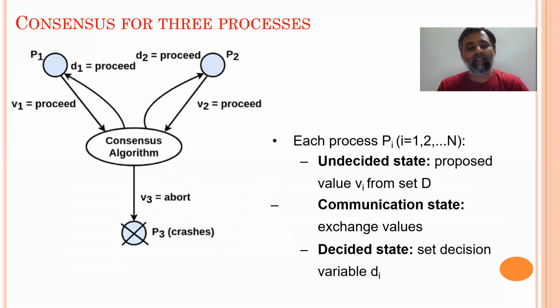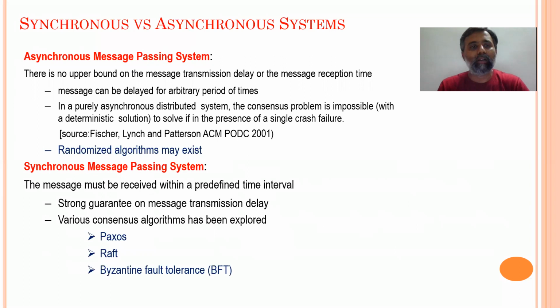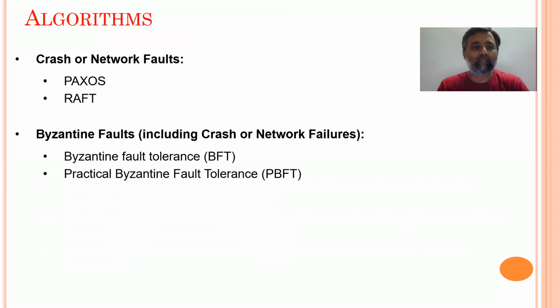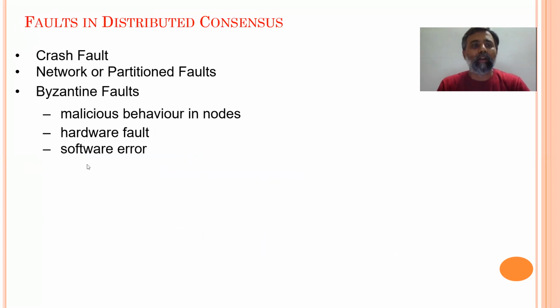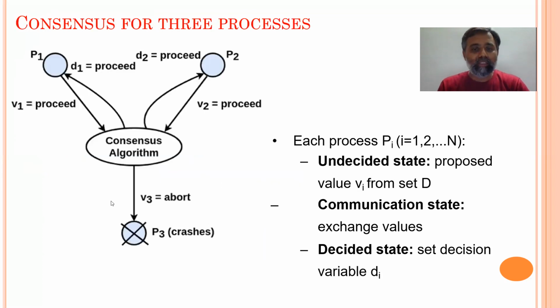And for that, we use certain algorithms. All these algorithms we consider as a three-state model. Suppose there are n processes, then each is in an undecided state, communication state, or decided state.